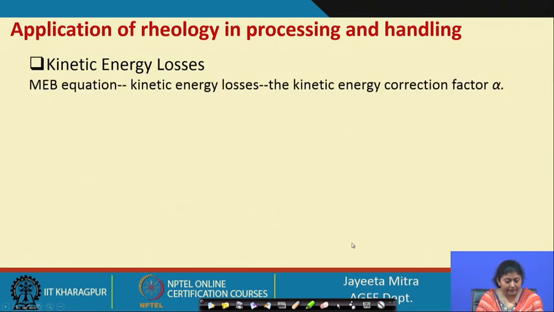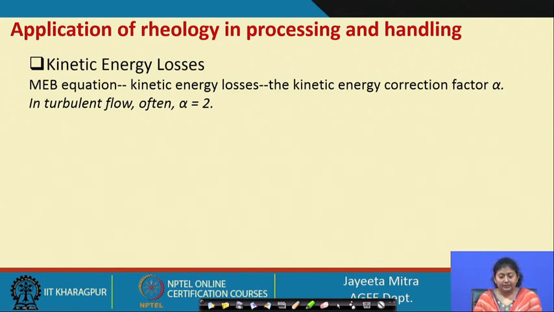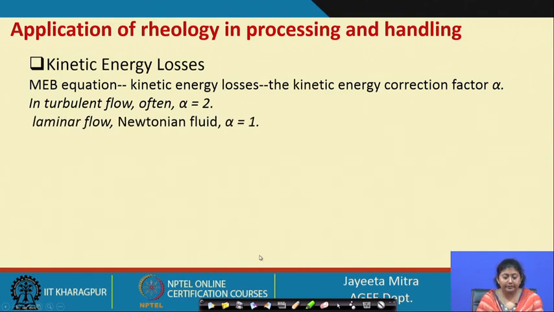So, then there is the kinetic energy loss term. So, what we do in the equation of mechanical energy balance, kinetic energy term, that is Vz square by 2 alpha, we need to find the correction factor value properly based on the laminar flow or turbulent flow.